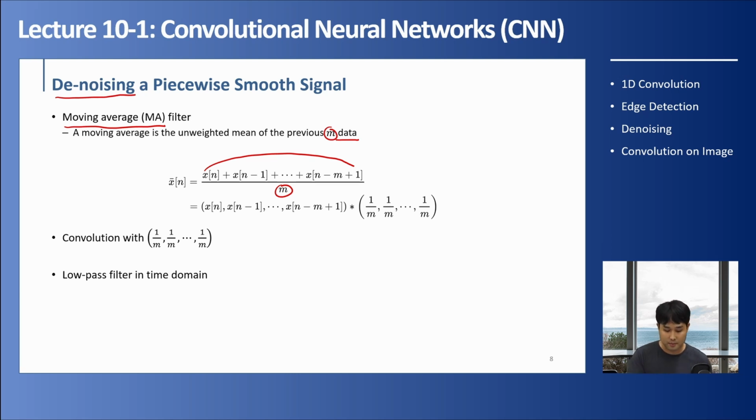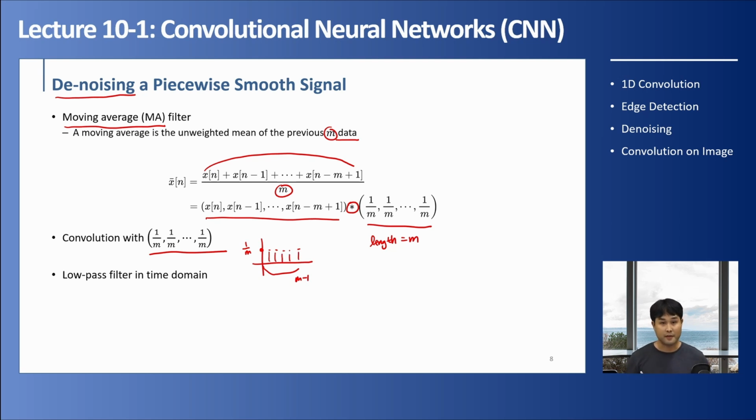And this can be seen as doing a convolution operation between a portion of the original signal with a kernel that has a length of M. So again, we're doing a convolution operation with a filter that looks like this. And if we graphically represent this filter, this becomes 1 over M, and we have M elements in total.